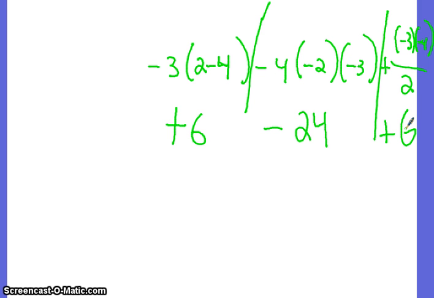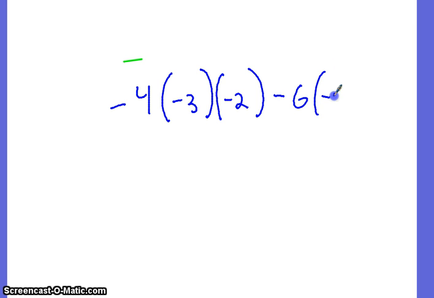All right, if I add up just my positive numbers, I get 6 plus 6, which is 12. And 12 minus 24 is negative 12. So that is how you would simplify a complicated positive and negative type problem like the one that I wrote down. You want to make sure that you're very careful when you're solving these and dividing these up into the correct amount of places.